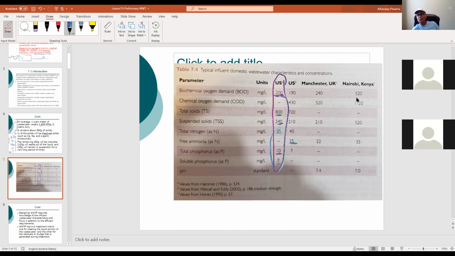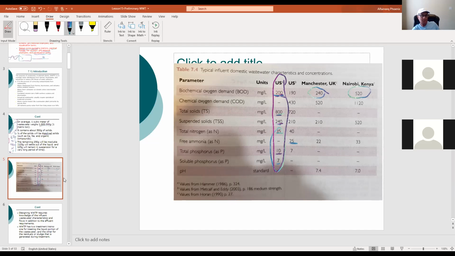In other places around the world, they don't have that luxury. See here, Kenya. See how strong it is? Even the United Kingdom is stronger than the United States. We don't use as much water as we do.